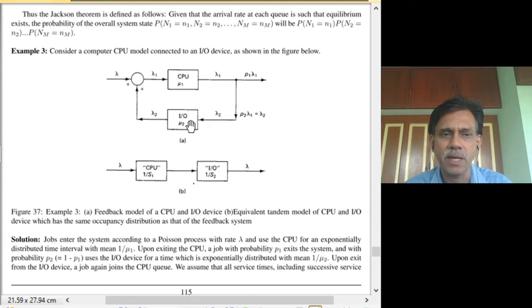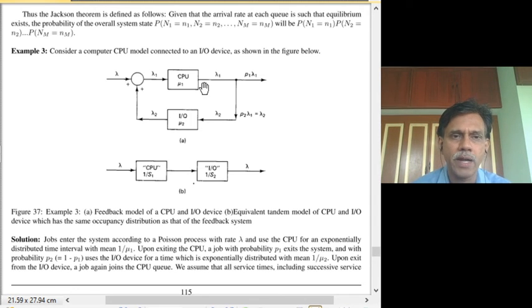Again using Burke's theorem, the departure of the I/O queue is also lambda 2, which is again Poisson. Again, due to statistical multiplexing, we can tell that this combined process is again a Poisson process whose rate is the sum of these two things. This is the opposite of the thinning theorem, using the statistical multiplexing property of the Poisson process.